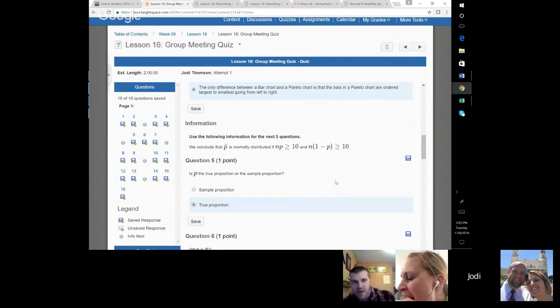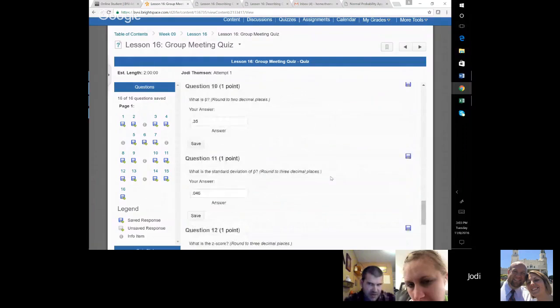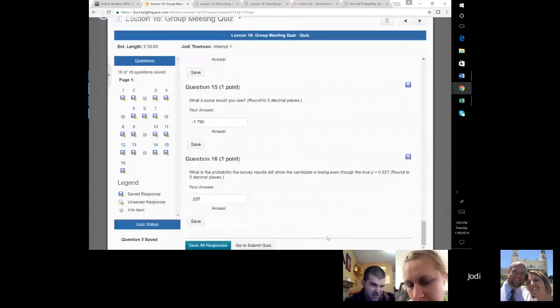Remember, the last unit we did quantitative. Now we're doing categorical. So we're trying to figure out the category. So we have to go back from the true proportion to the sample proportion. I think that's what it's trying to say.